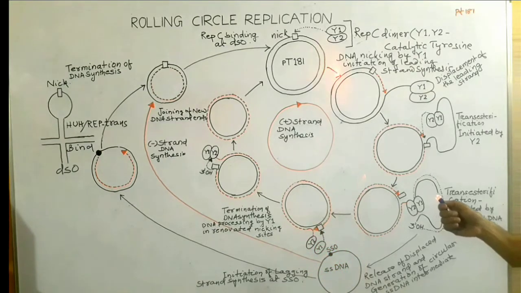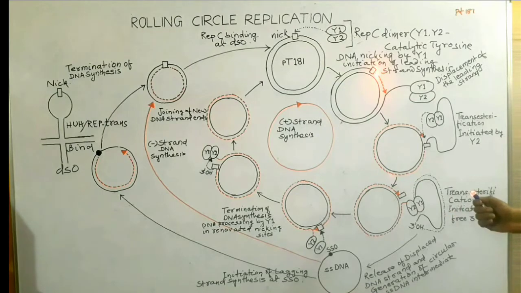In this diagram, the black arrows indicate the direction of replication, whereas the dashed red line indicates the nascent DNA, or the newly synthesized DNA. And here you see these two are the replication initiator proteins that have been covalently attached to the 5' end of this nicked DNA. And this is the 3' end.